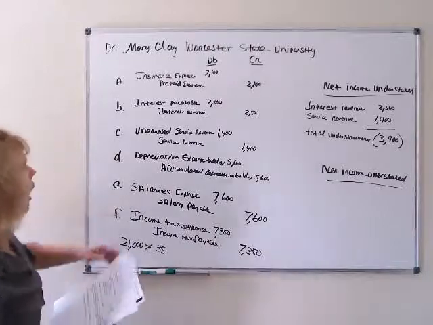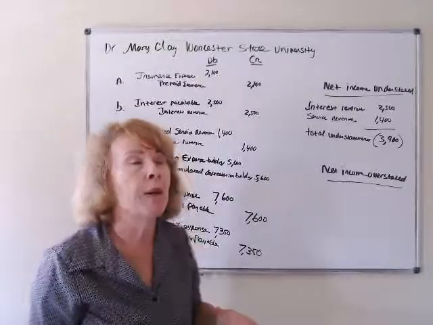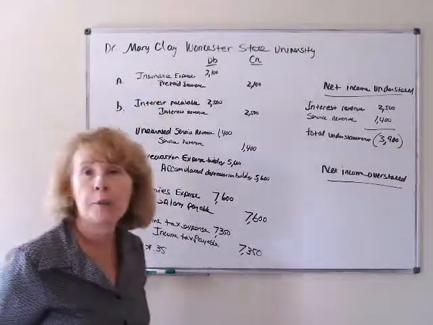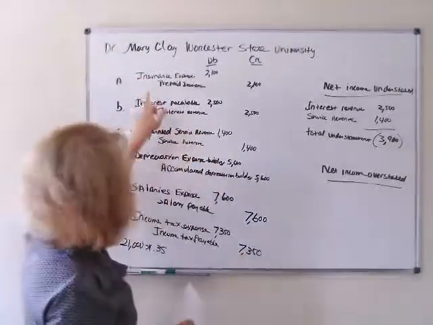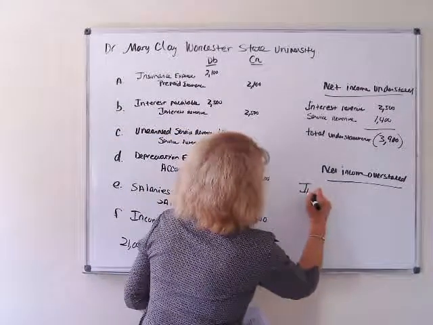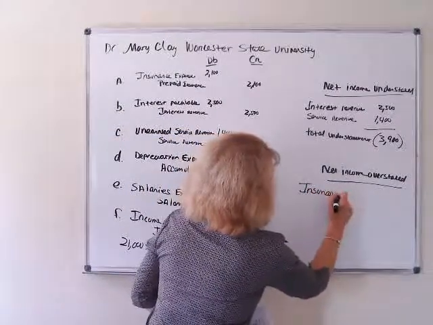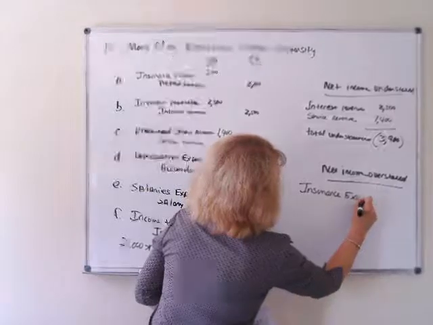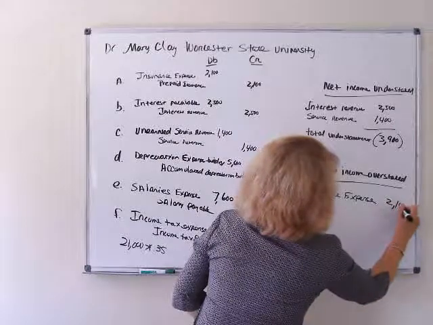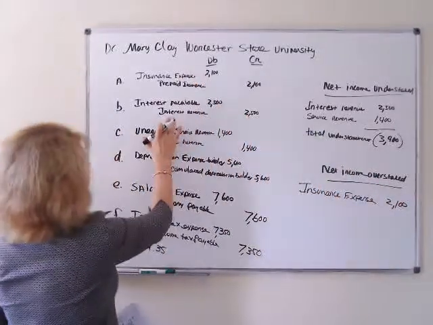How? Well, I'm looking for my expenses. Here's my first expense, insurance expense. Prepaid insurance, no, that's an asset. However, insurance expense is an expense. So I put over here, insurance expense. What's the amount? 2,100. I go to my next entry.